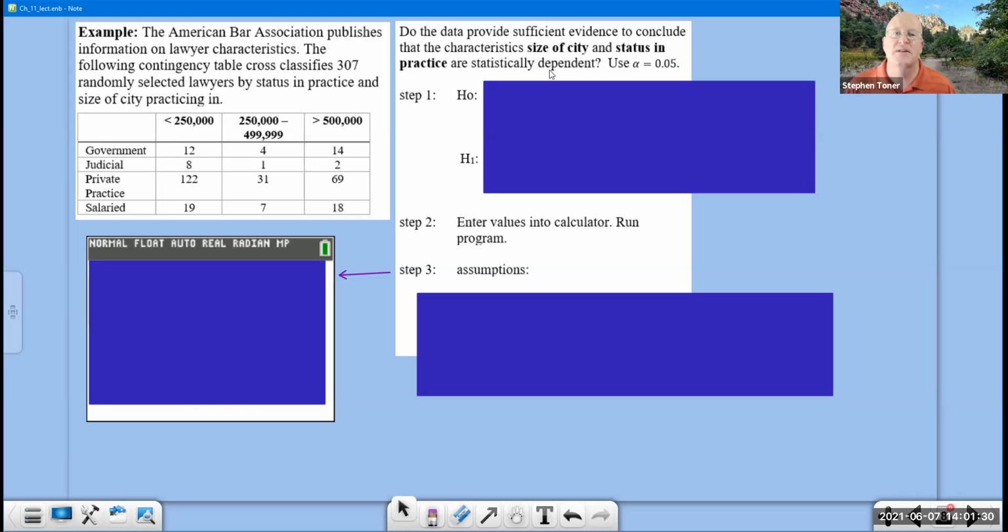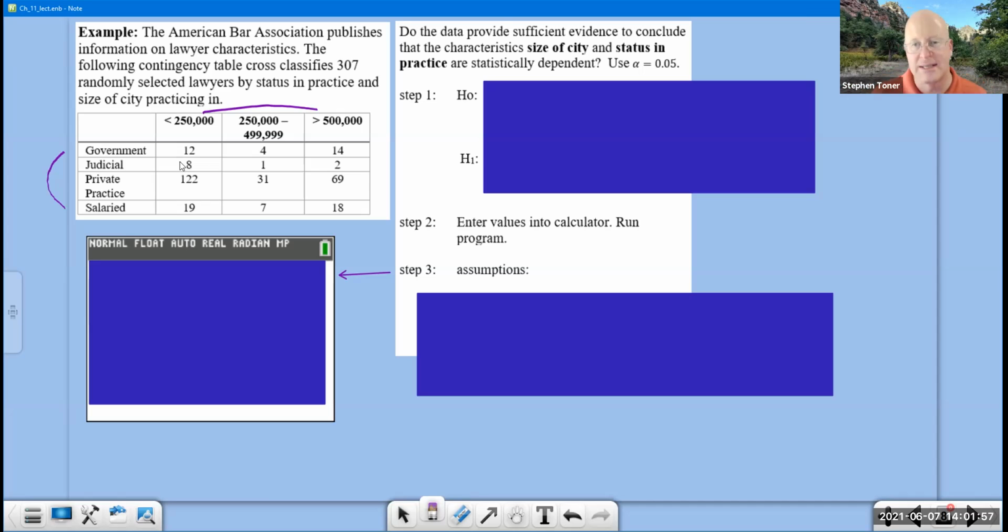Notice that this is not 3 separate lists that you are given. It's actually a matrix. And you can tell that because they've given you these variables. You know that this is the status and the practice on the left, and you've got the size of the city at the top. And so those 2 variables or classifications help you to know that it's just not 3 columns that we're comparing here.